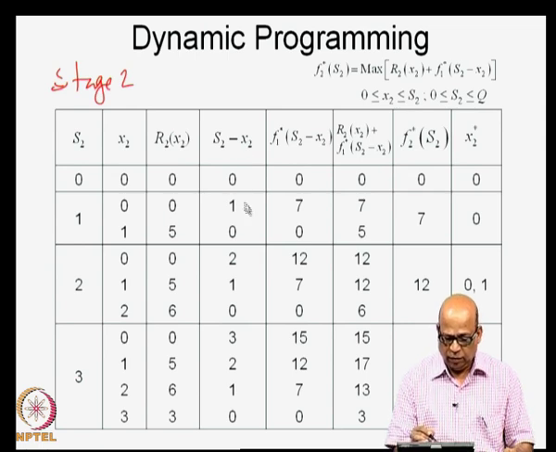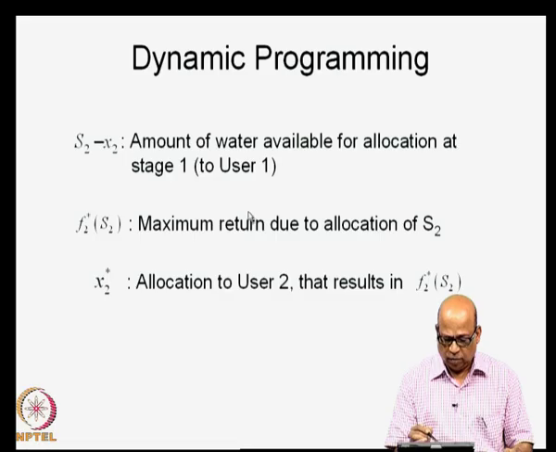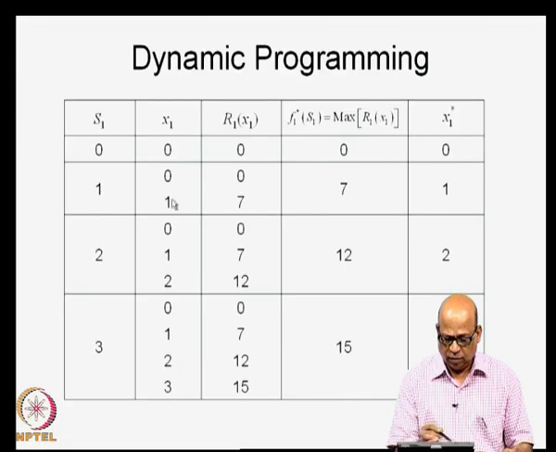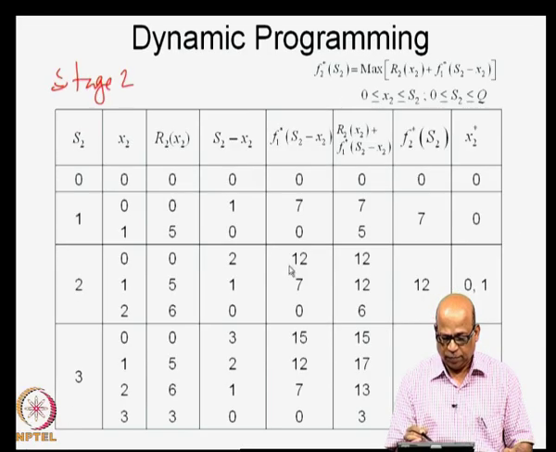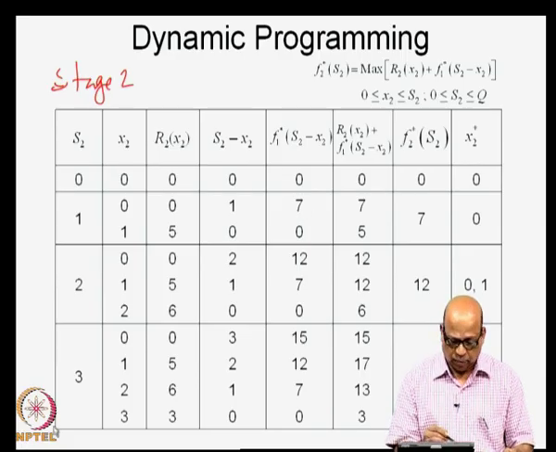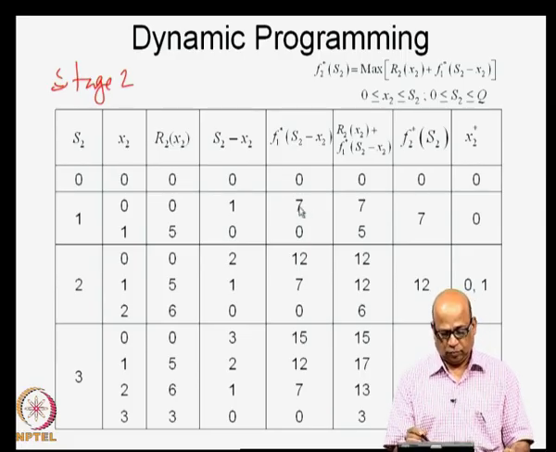And if 1 is available, you know what has happened in the previous stage corresponding to 1. It says that if 1 is available here, you allocate 1 and you will get a return of 7. So, this is what we write here. This 7 here is got from the previous stage calculations.